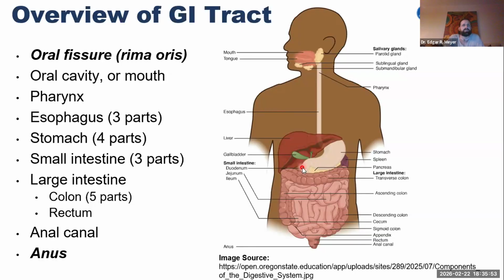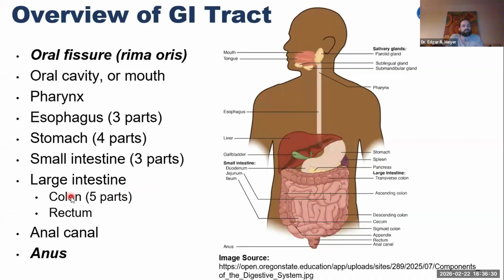And who can name the 3 parts of our small intestine in order? Yes, of course. All right, so duodenum, jejunum, and ileum. And then sometimes there's a bit of confusion with the large intestine using terms like large intestine, large bowel, which are often synonymous with each other, and colon specifically.